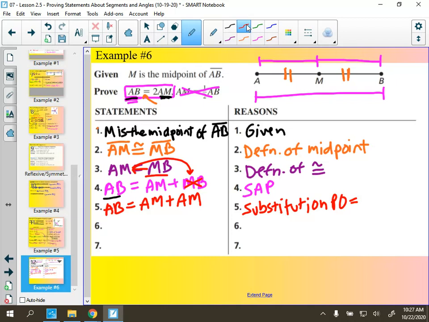All right. We're really close right now. We do have 2 AMs on the right, just like our last proof. We want to put those together, though, and say AB equals 2 AM. It's just like, I wrote on the last example, 10 equals x plus x. How did we go from that to 10 equals 2x?